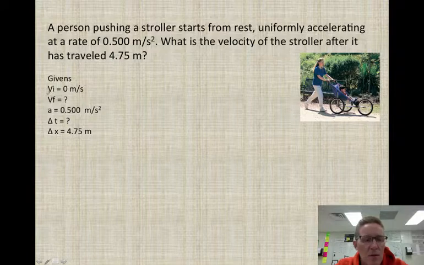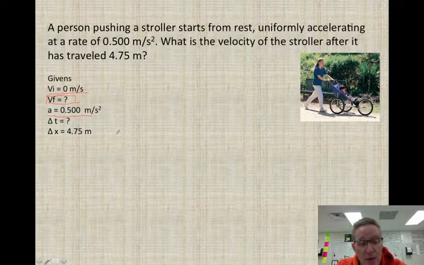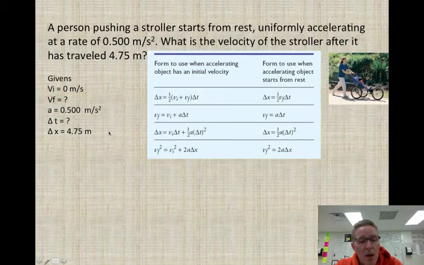Since we start at rest, VI is 0, and we're trying to find VF, so that's what we need. And it gave us an acceleration of 0.500 meters per second squared. Time we don't have, and we're not going to be using that in this one. We'll see here in a second. And then we're given a displacement of 4.75 meters.